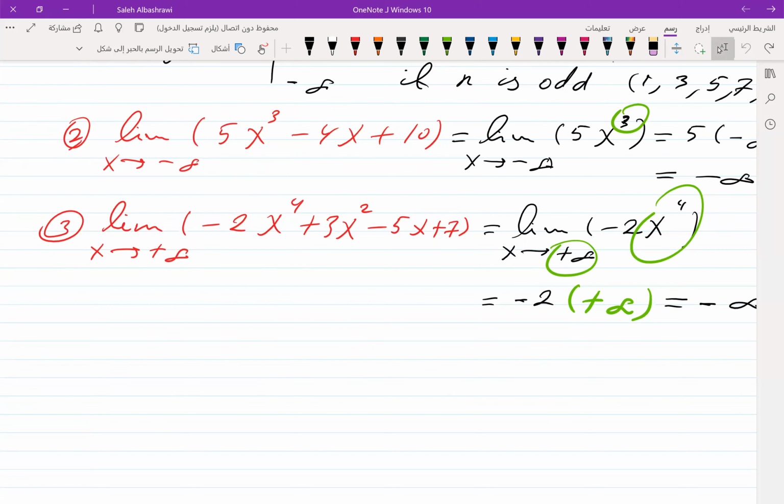Now let's speak about the rational functions. Number 4. As we did in the last section, we spoke about the rational functions. We'll do the same thing here.